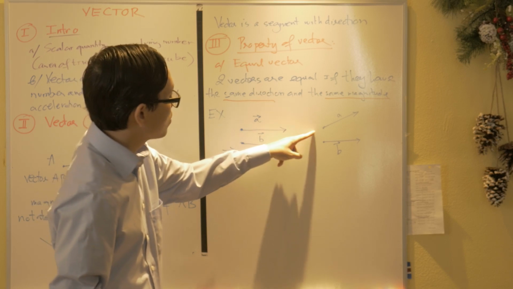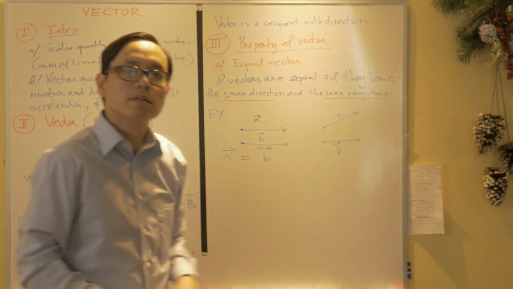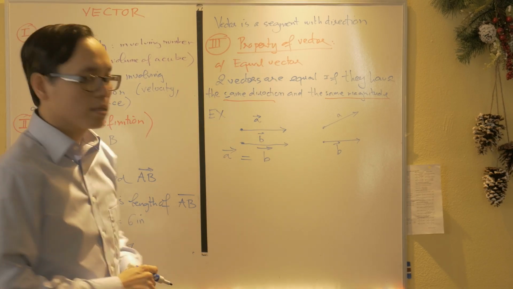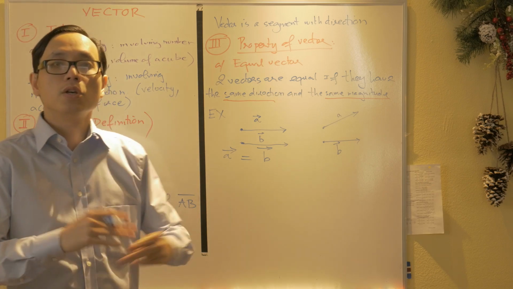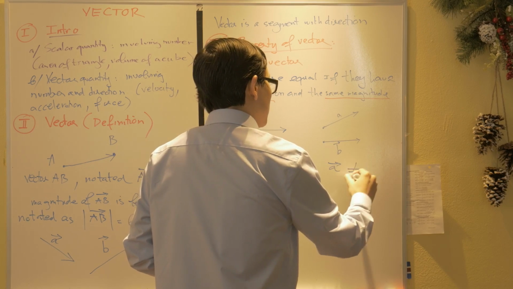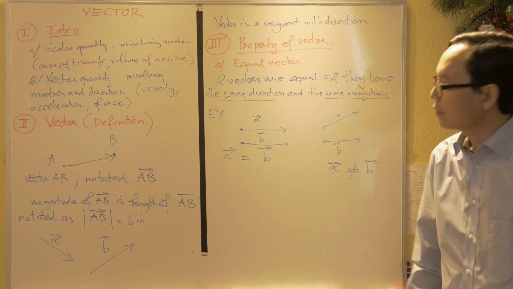You see that one vector points upward like that, one points like this. If the direction is not the same, then we cannot say these two vectors are equal. So vector A is not equal to vector B. Does this make sense? Alright.